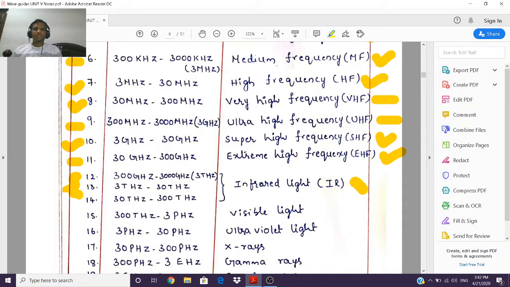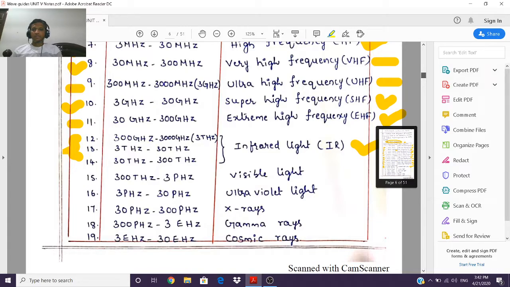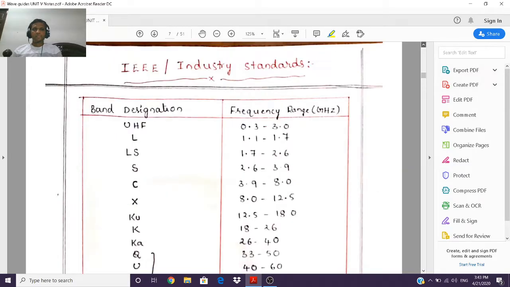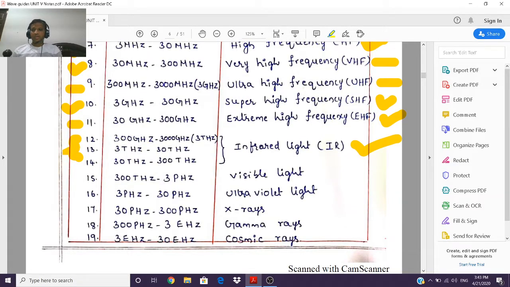Overall we call this infrared light, IR. Then we have 300 terahertz to 3 peta. Peta means 10 power 15, and we call it visible light. 3 peta to 30 peta is ultraviolet light, and 30 peta to 300 peta is X-rays.